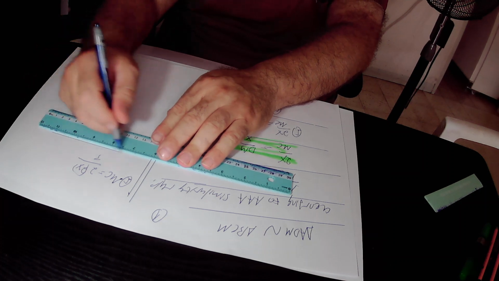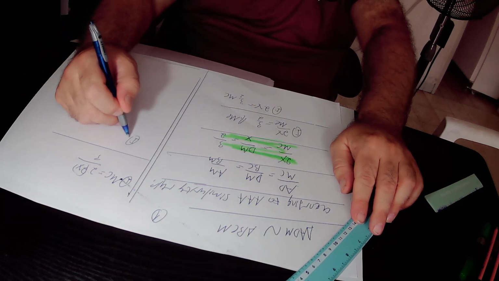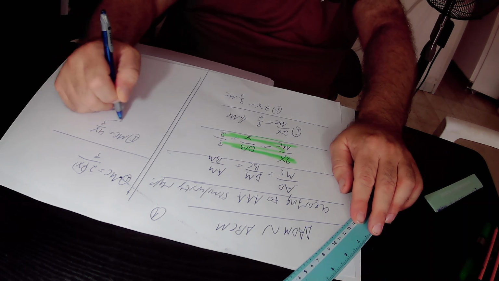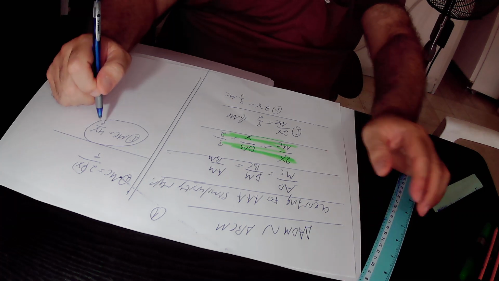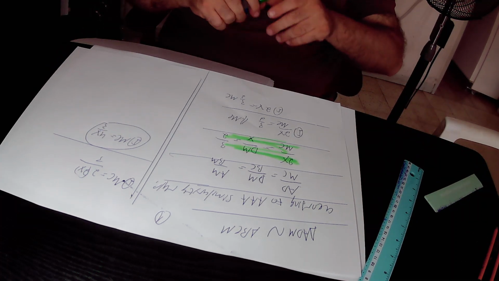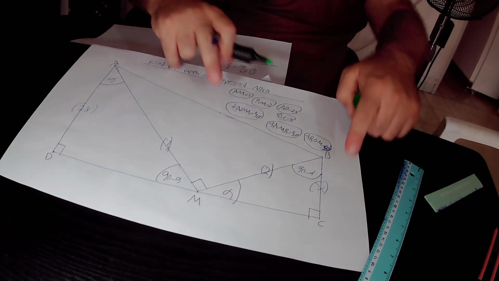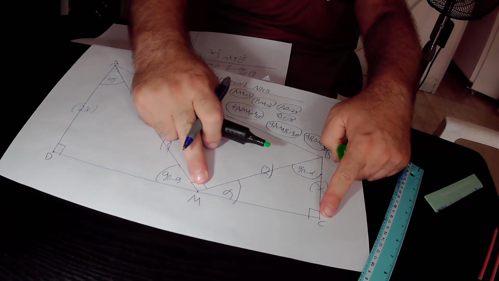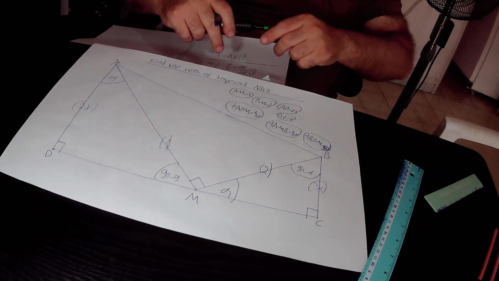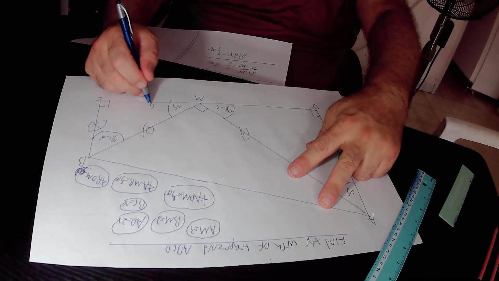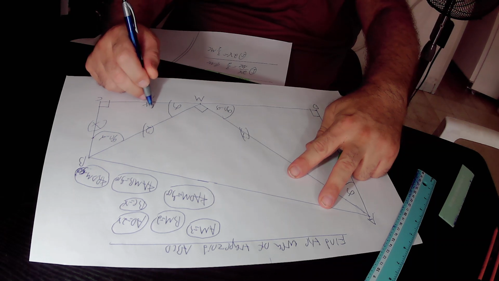So MC equals 2 times 2x, which is 4x, over 3. So we find out that MC equals 4x over 3 units in its length. So I write it down: MC equals 4x over 3 units in its length.